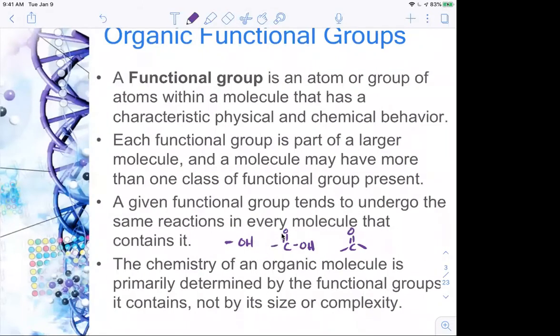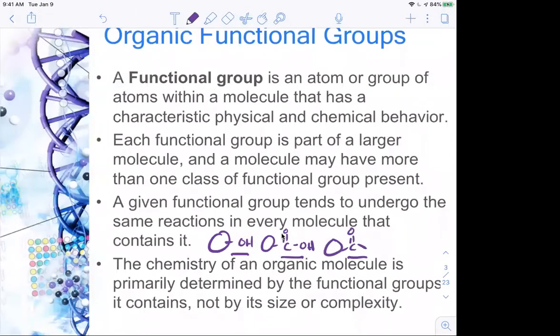Since this structural piece here is the functional group and is common to every molecule that has that, the same structural features, whether this is attached to something much different, the chemistry is the same. So the chemistry of an organic molecule is primarily determined by the functional group it contains.